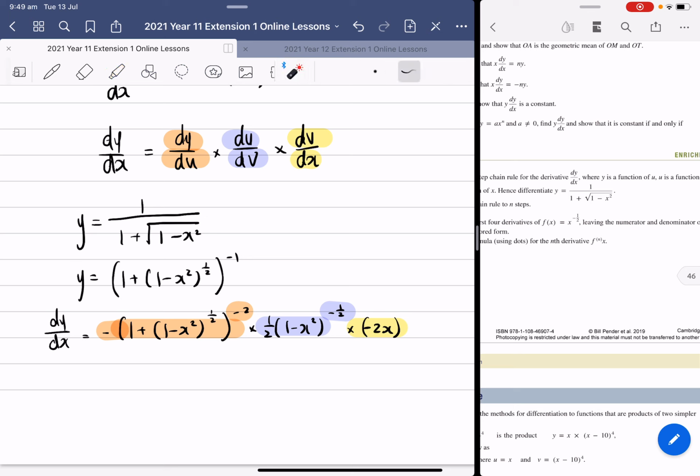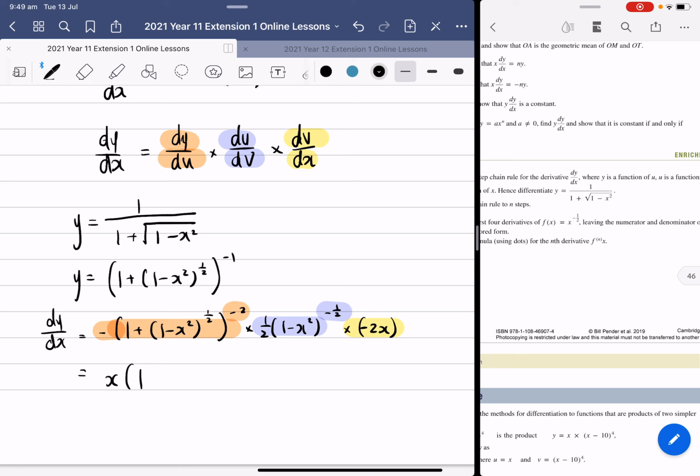The two negatives cancel out, and the half and 2 cancel out as well. So at the end, you get x times 1 minus x squared to the power of -half, times 1 plus 1 minus x squared to the power of half, and all of them raised to the power of -2. If you want to write it as a fraction, you can. Otherwise, I'll just leave the answer like that.